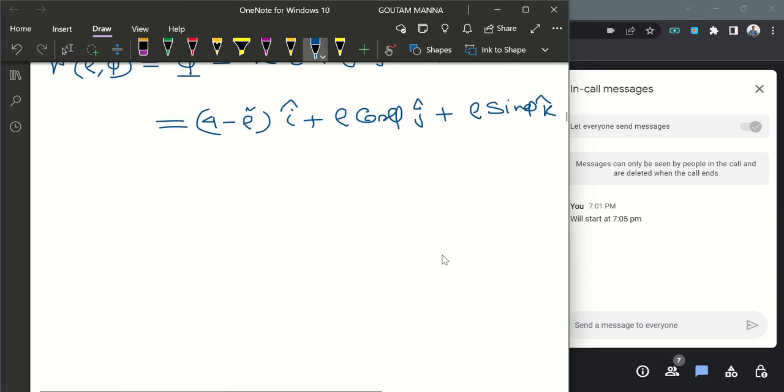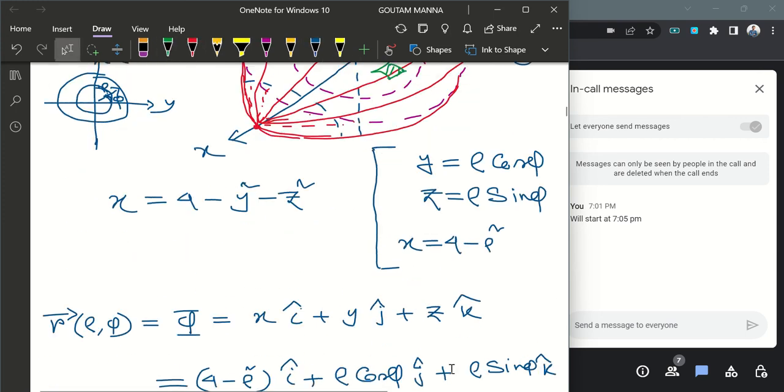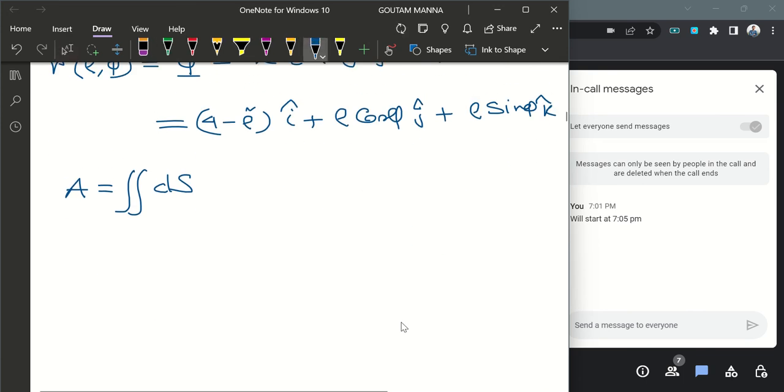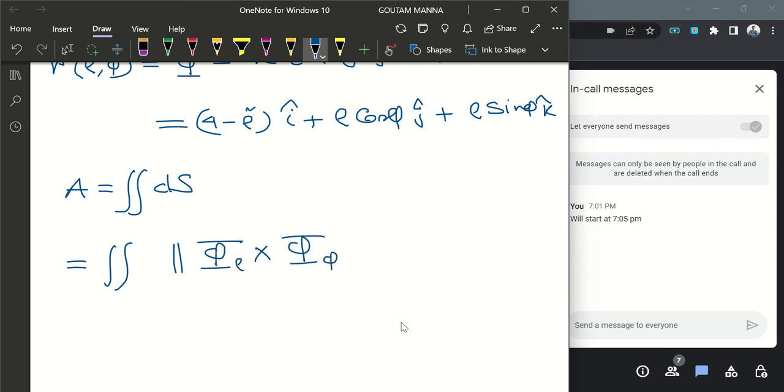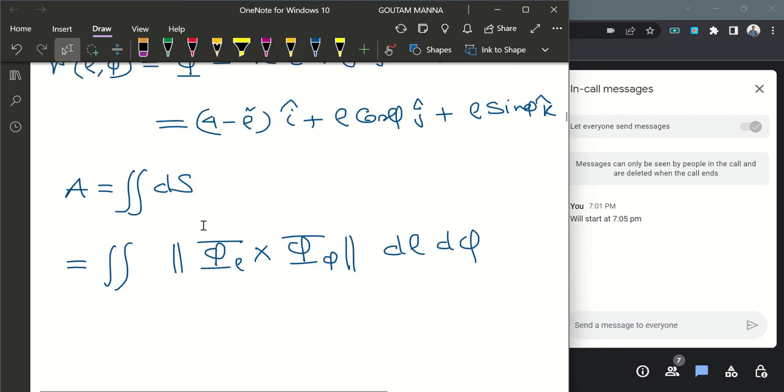So again we need to find out the area, which is integration ds, where ds is any small surface element, like this, any surface element on this paraboloid. So it is given by integration of modulus of phi rho cross phi of small phi times d rho d phi. So now we need to calculate this quantity.